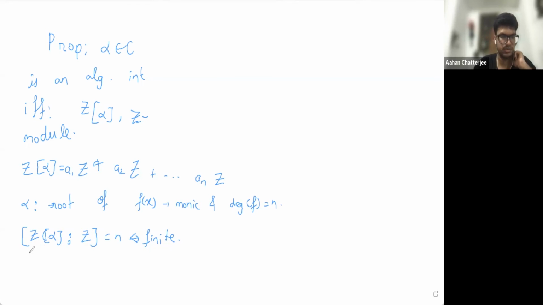So what you are saying is this index, we are looking at this index as an index of groups with addition. I'll define some things in module theory in a while, so this will become more understandable. So let's get to that.